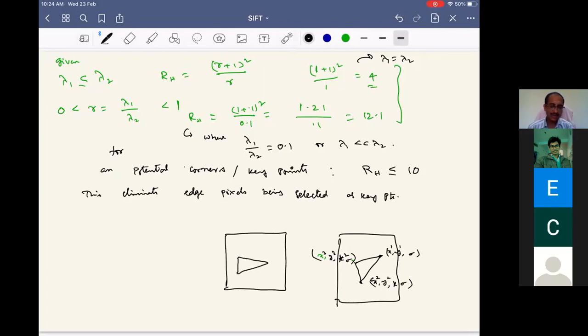If I don't describe the area around the key point with respect to a particular orientation, I may miss appropriately matching this patch versus this patch. Both are the same, except that this is oriented in this direction and this is oriented in that direction. The direction is the only difference. So if I can associate a direction to the key point, that has two advantages.